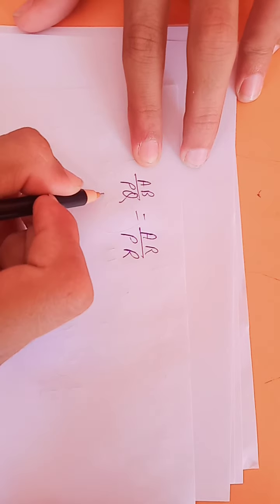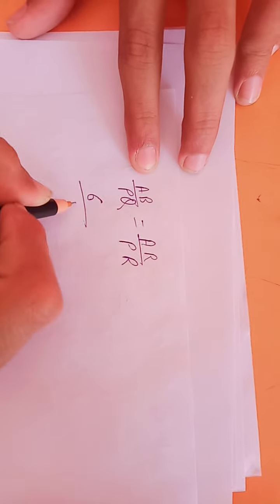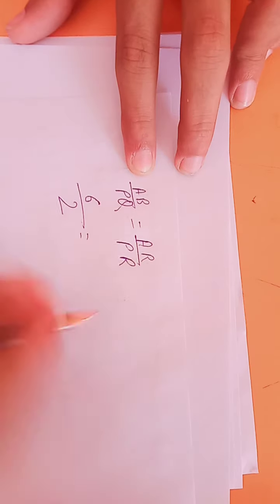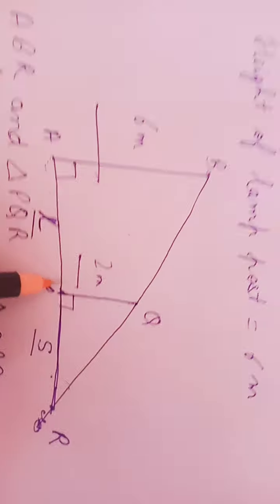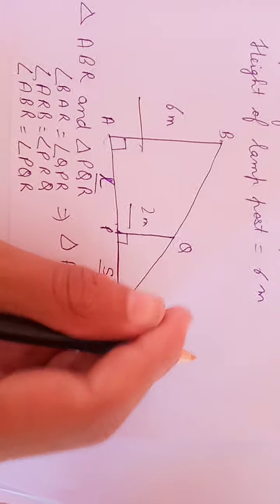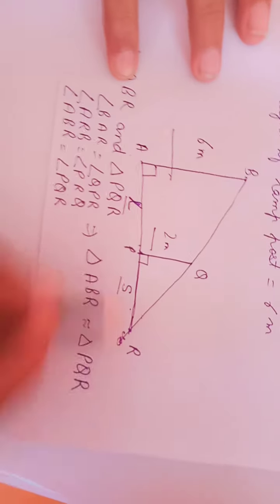AB is given to us as 6, PQ is 2, and AR we can write as AP plus PR.